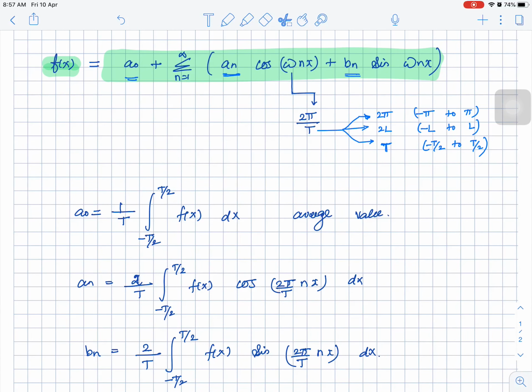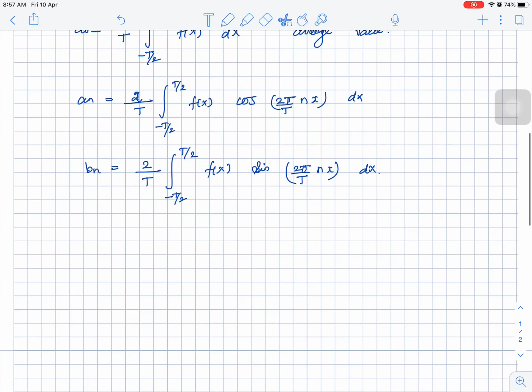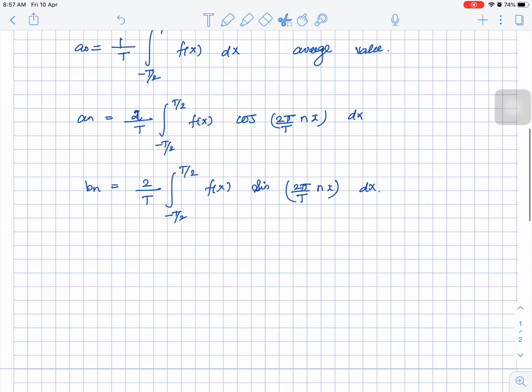So now what we do is, we take an f of x, and if the f of x is an odd function or an even function, how will this change? So we will see this. Let's say f of x is even.